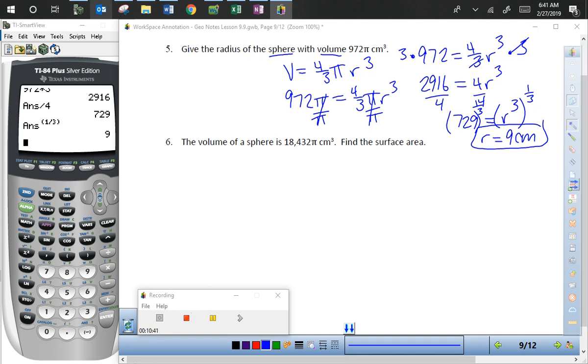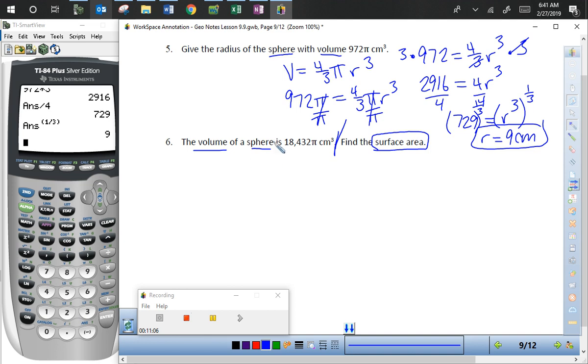Alright, number 6 here says the volume of a sphere is 18,432 pi centimeters squared, and then we're supposed to find the surface area. So this one's a little bit different because we have both volume and surface area. What I want you to pay attention to is the sentences. Notice this is given in the first sentence, and then after that we're supposed to find the surface area. So that means we have to take care of this first.